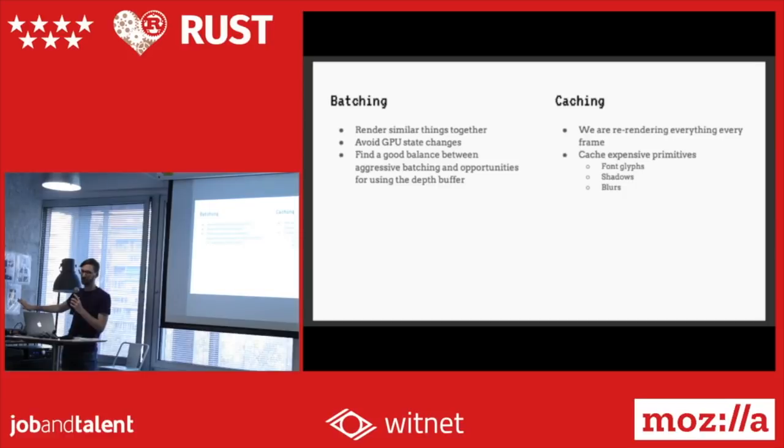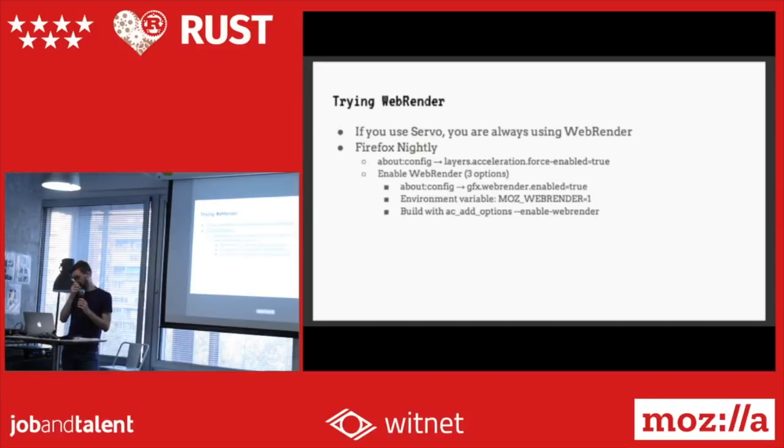Basically making what we would call a layer before, but based not on something arbitrary in the web engine, but because it knows it's expensive and it knows it's going to have to render it one more time. Some of the common things that are cached are fonts, shadows, and blurs. And that sort of wraps up more or less the design of WebRender.